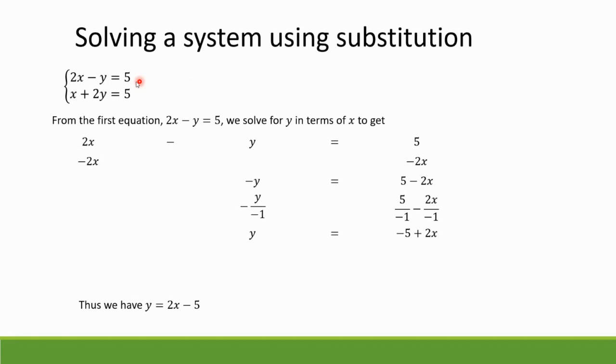From the first equation, I can get y in terms of x. Now, why am I solving for y in terms of x? Notice the coefficient of y is -1, because we have a subtraction here.